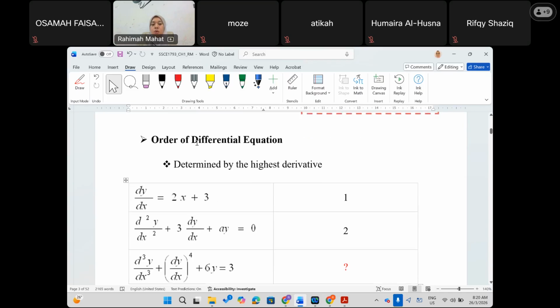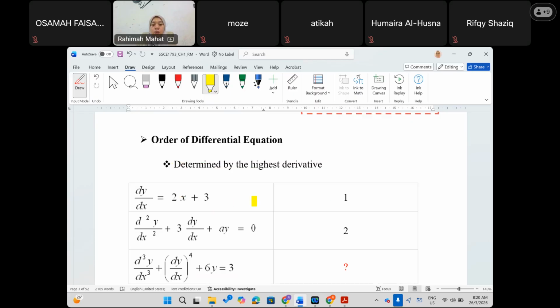For the ODE, we can determine the highest derivative. The highest derivative is how we identify the order of the differential equation. So how we find the order of the ODE is by determining the highest derivative.